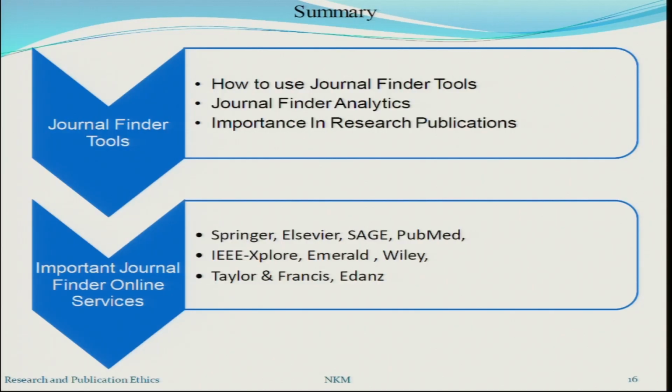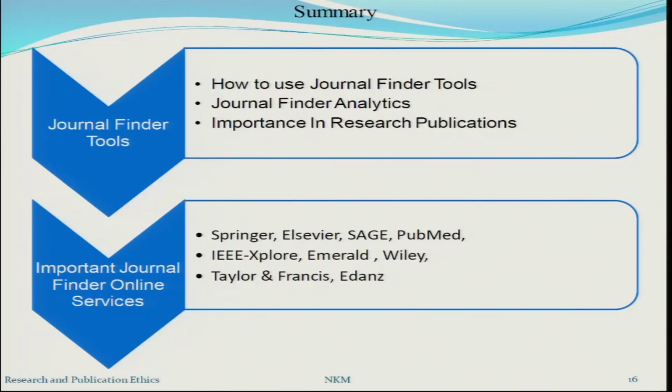These are the important analytics we analyzed today in the Springer journal finder, Elsevier journal finder, and Sage service, including the interesting Sage Path service, where they redirect inappropriate articles so they can be published in an appropriate journal. We also analyzed the PubMed service, the IEEE service, and Emerald Insights. For today we are stopping here.